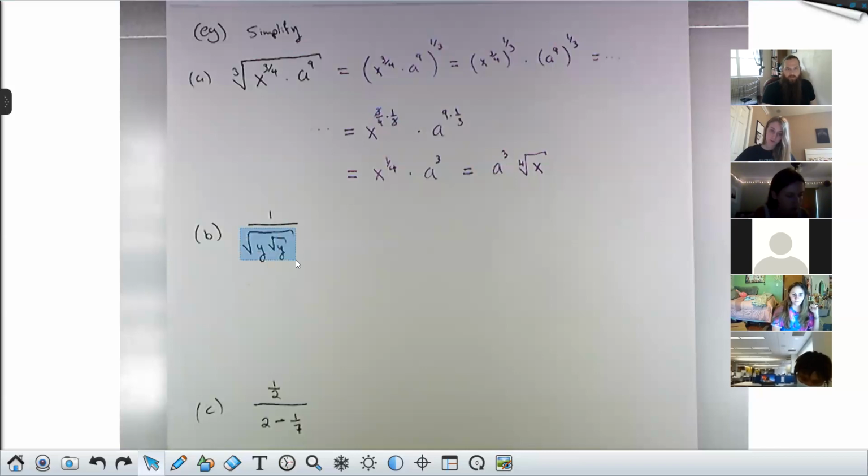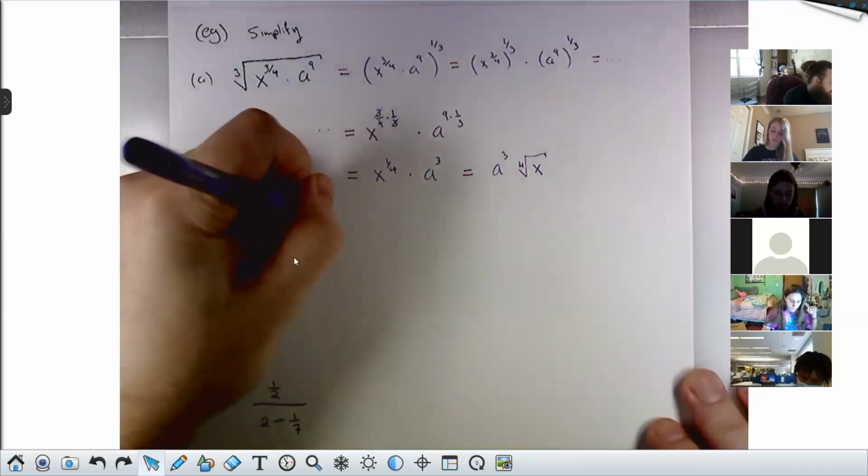Downstairs here, we have something that's kind of similar looking to what we had here. Only both of these are the same variable. Instead of x and a, it's y and y. Yeah, Camden suggests we rewrite all of this as something to the negative 1st power. We can do that. I like that.